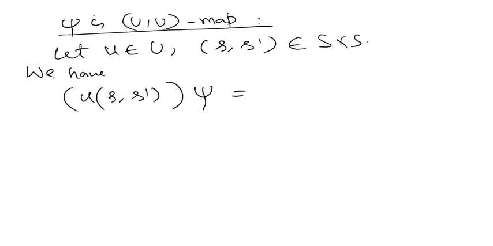It's a left action here, you have to apply that left action. It's equal to u s prime psi, by the definition of the left action on the cross product, which we have already defined.